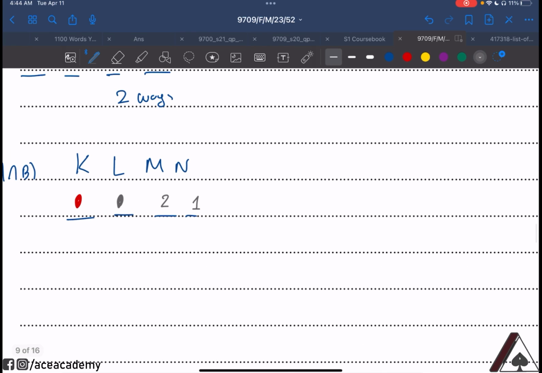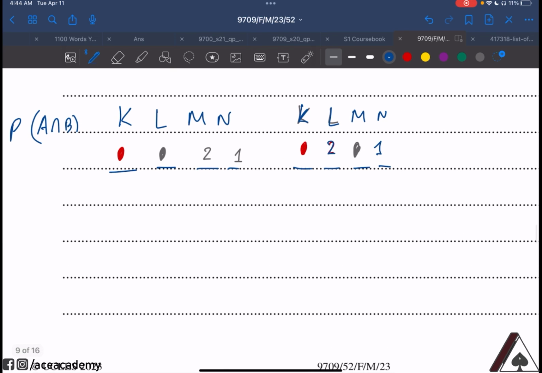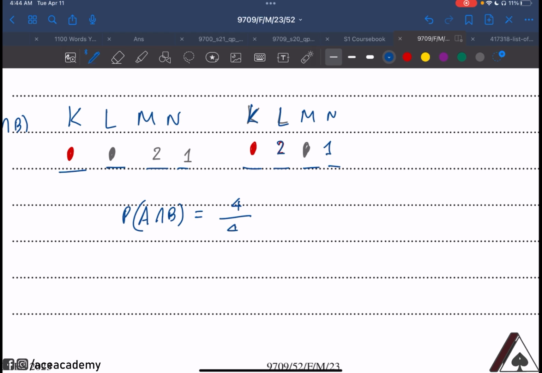But it could also be that the white marble is in box M, while the red marble is still in box K. So this could still be arranged in yet 2 into 1 ways. So the probability of A intersection B would be 4 by 4 factorial, which is 1 by 6.